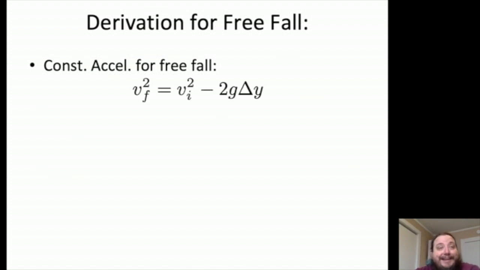Well, we already said from the kinematic equations, or from our study of 1D motion, that the final velocity squared will be the initial velocity squared minus this 2g times delta y term. Right, so this was the third of our one-dimensional kinematic equations, in this case with a constant acceleration of minus g.